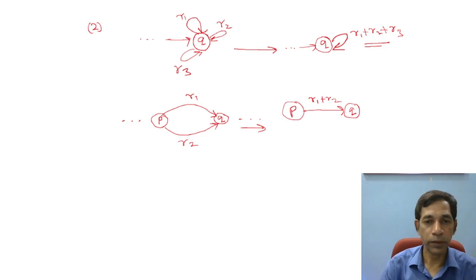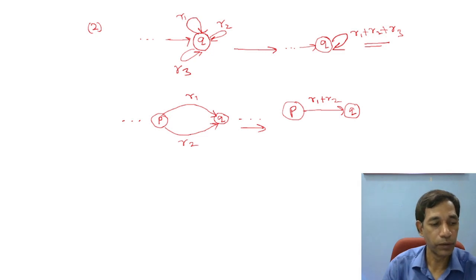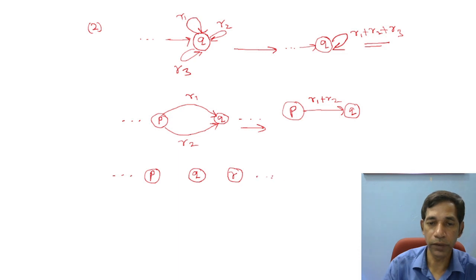Now, you may have a situation like this. You are in the state P, you have the state Q, and you have the state R. Whatever is on this side and this side, you are not worried. From P to Q you are going for the regular expression R1.